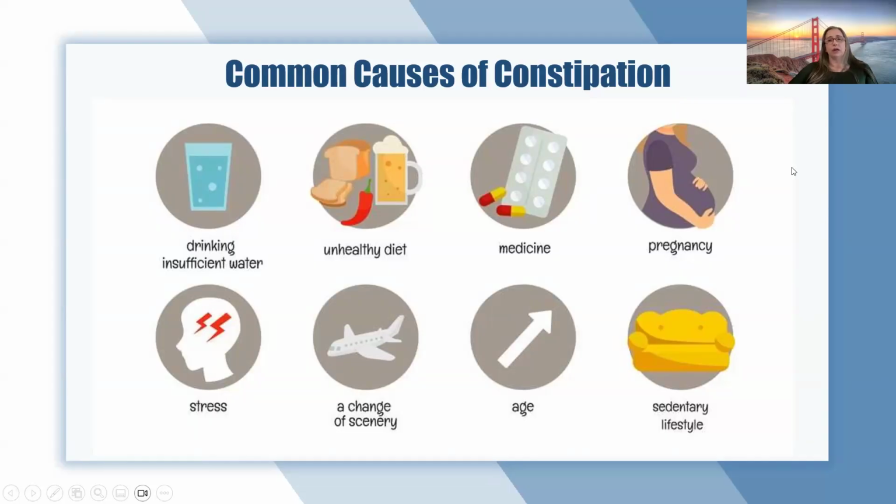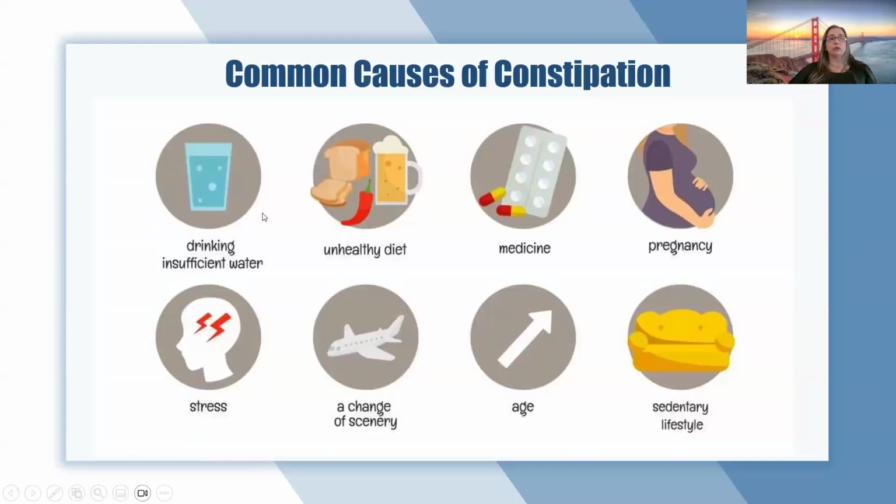So here you can see these are the common causes of constipation. This applies to everyone. For all of us, we can be constipated if we're not drinking enough water, or if the fluids that we choose to drink are dehydrating more than hydrating.